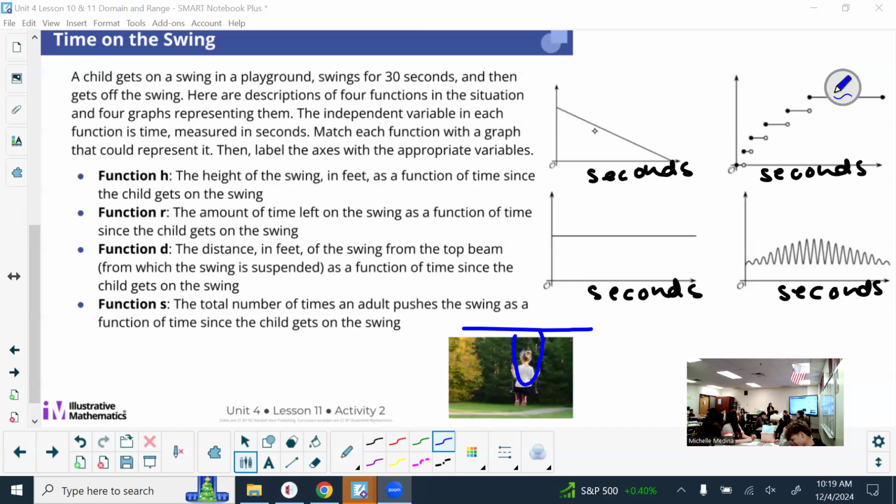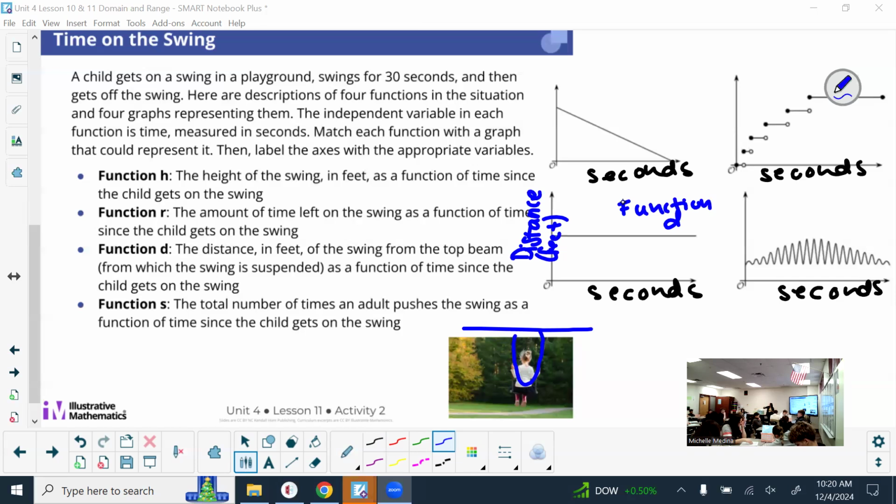Which one should it actually probably go with? This one, where it's staying at the same height the entire time. To label the axes, that would be the distance in feet. I mean, really, you should probably include almost all the details, but it's distance in feet from the top beam, or in other words, function D. Does that make sense?